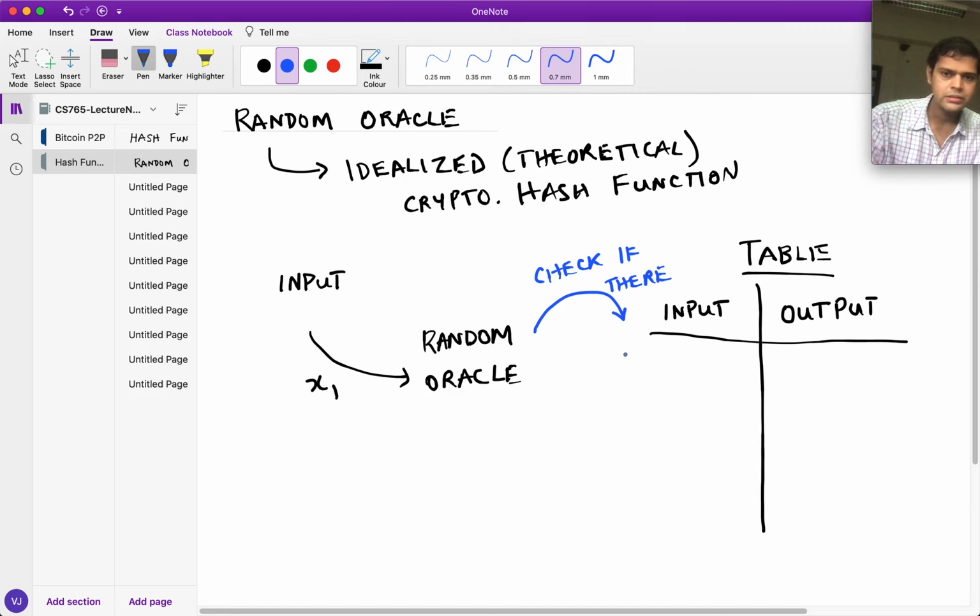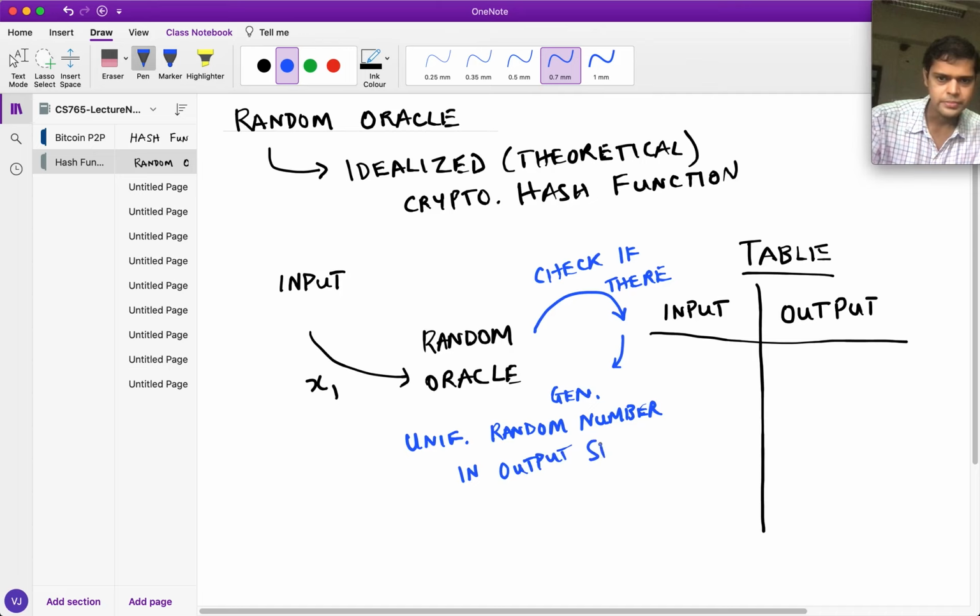So what it does is it generates a uniform random number in the output space. Let's say that we are dealing with an n-bit output.